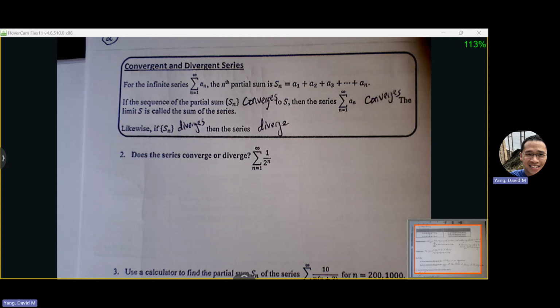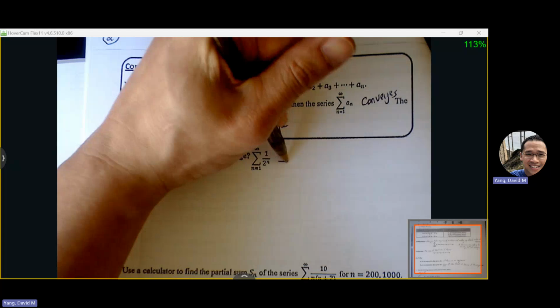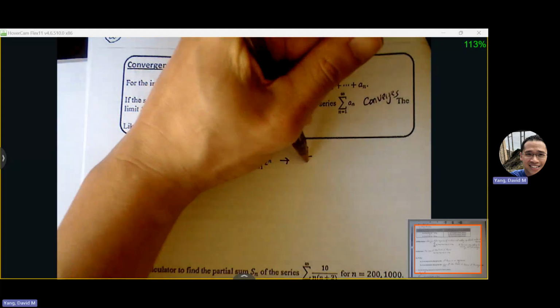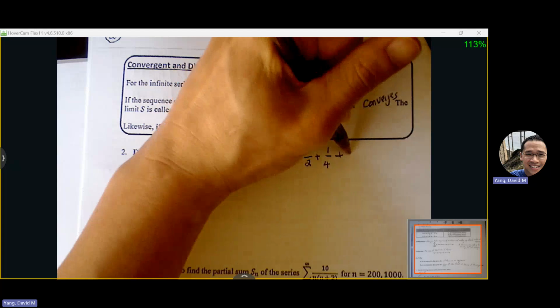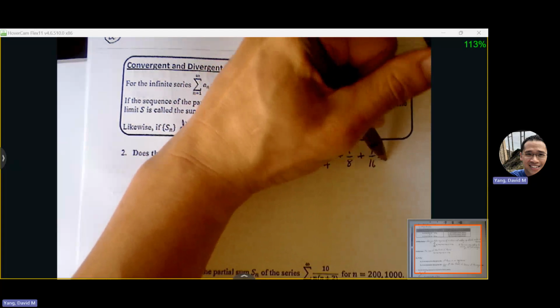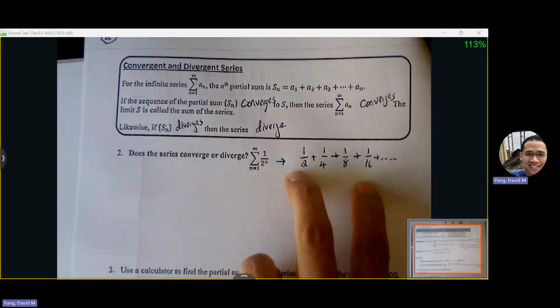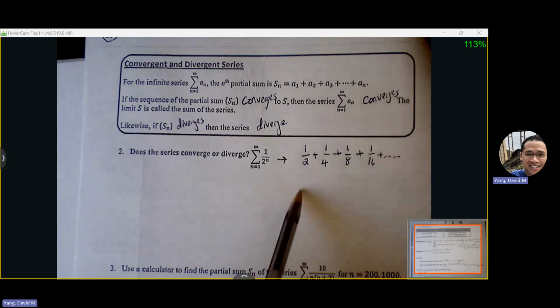So number two, does the series converge or diverge? Meaning if I were to add up all these terms like 1/2 plus 1/4 plus 1/8 plus 1/16 plus dot dot dot, is the sum going to eventually head towards a predictable number, or is it going to jump up to infinity?